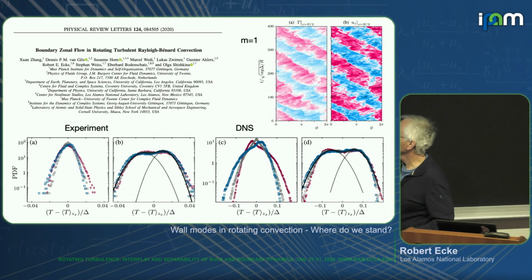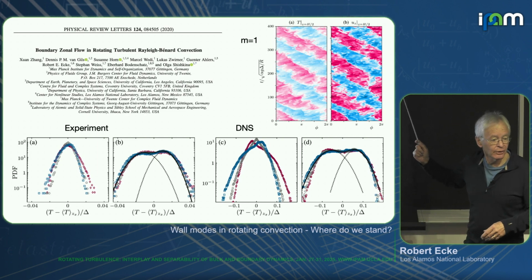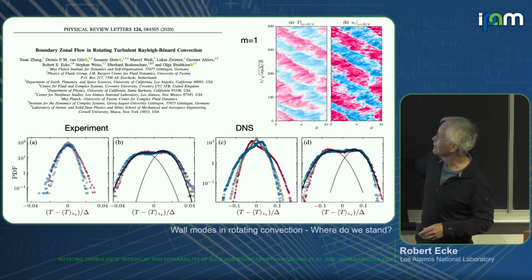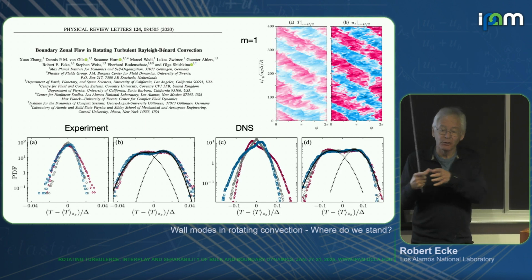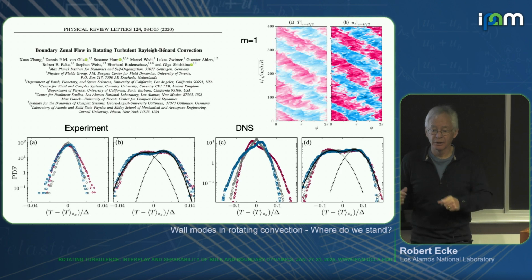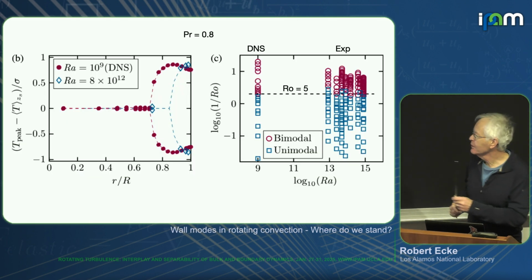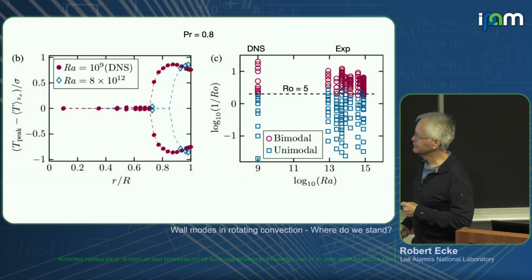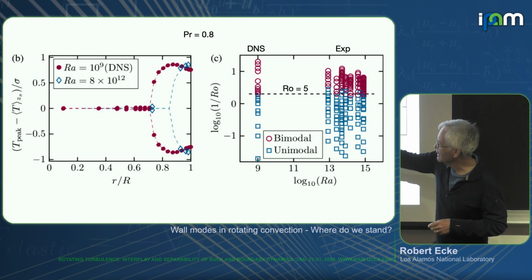Anyway, the reason that they're bimodal is because this is an m equals 1 mode. And this is in an aspect ratio of a half. If you get a small enough aspect ratio, the only thing that can fit is an m equals 1 mode. And so we did some simulations as a function of the radius.